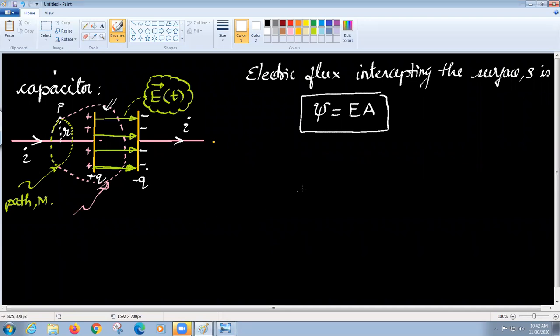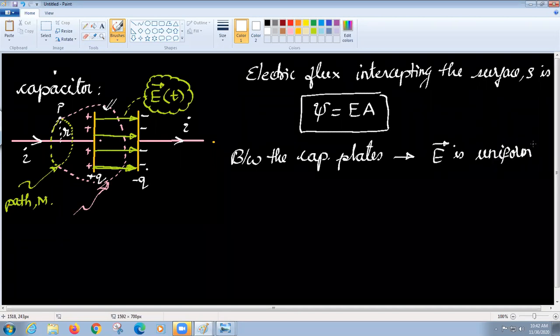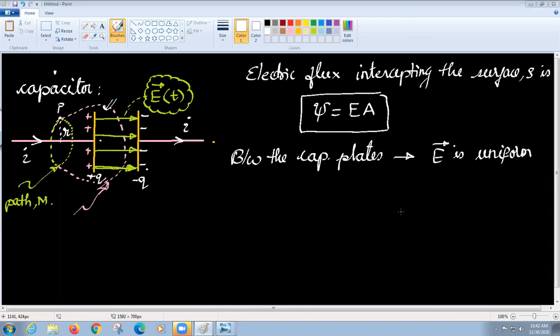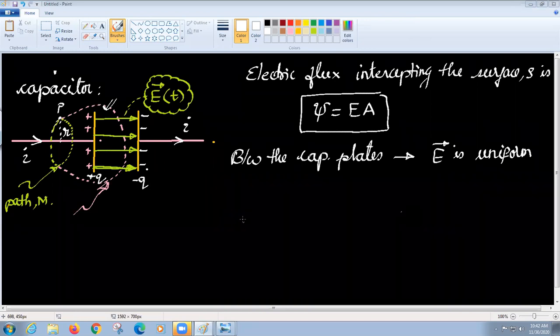Now, between the capacitor plates, we will assume the electric field is uniform. So between this, the electric field is uniform, okay?